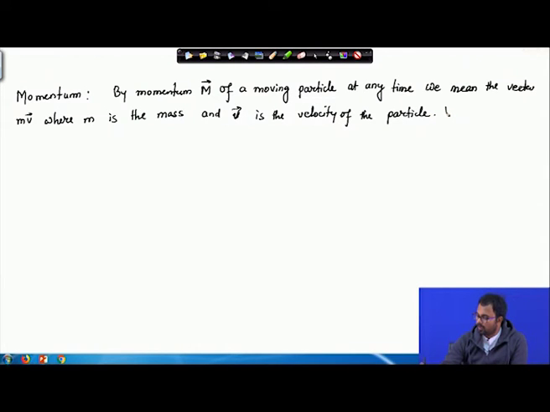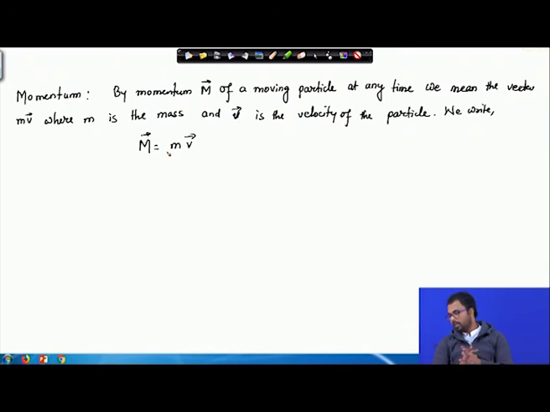And in notation we write capital M is equal to small m times capital V. So, small m basically is the mass of the particle, and we mean the vector m v, where m is the mass of the particle and v is the velocity of the particle.